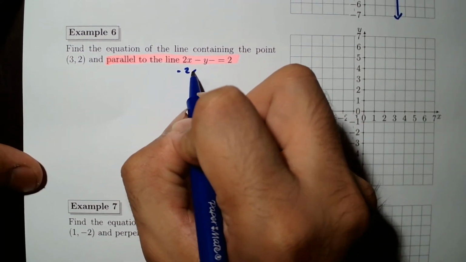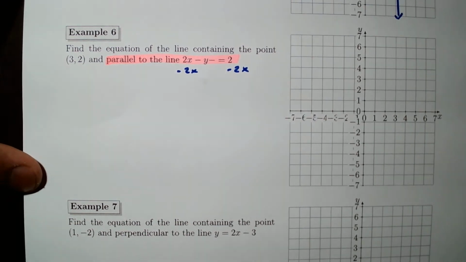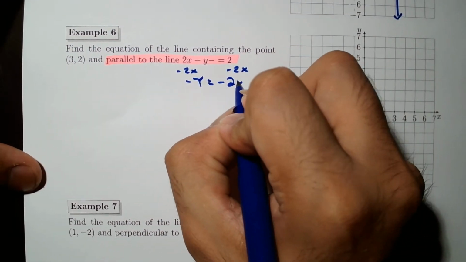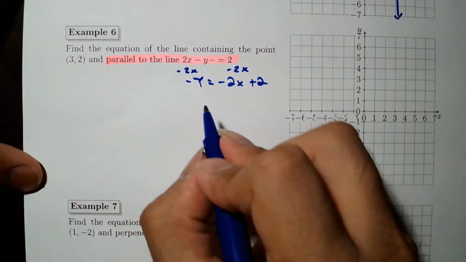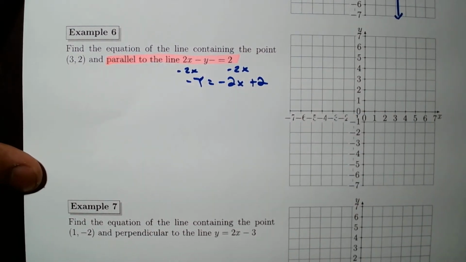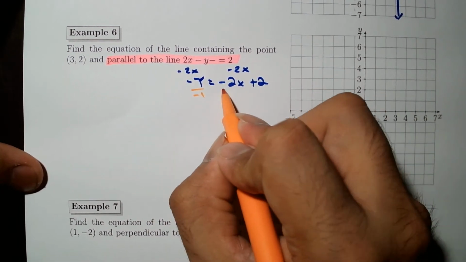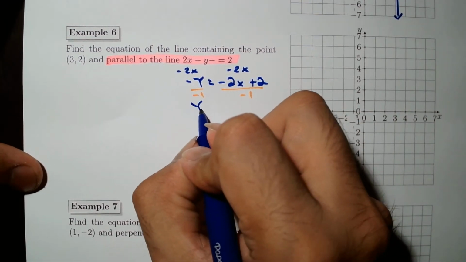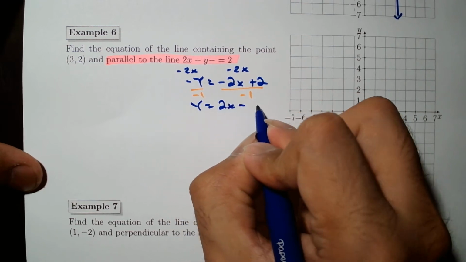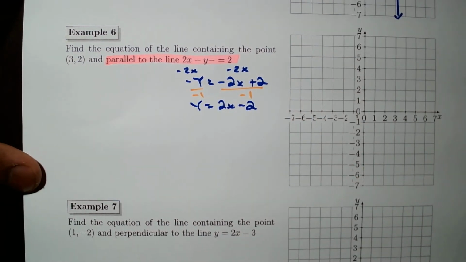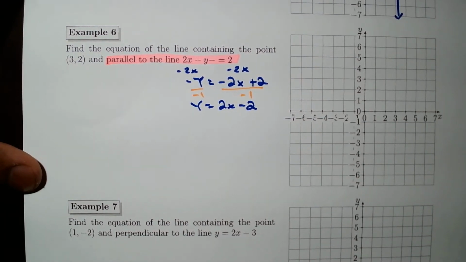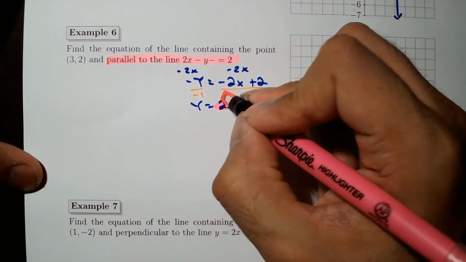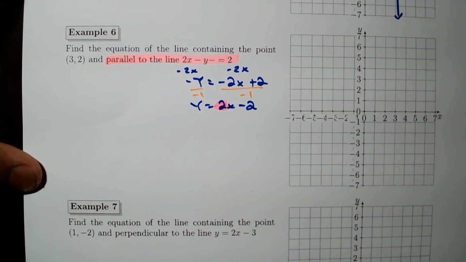I'm going to subtract 2x on both sides, so negative y equals negative 2x plus 2, and then I'm going to divide by negative 1 to get y by itself. From here, this is what we are going to get. This number that multiplies the variable x, that is the slope.